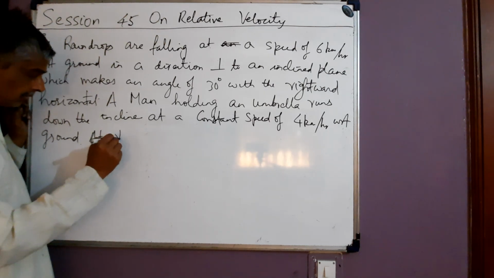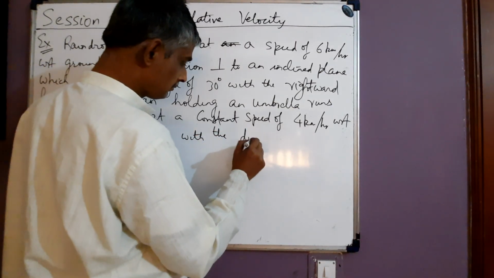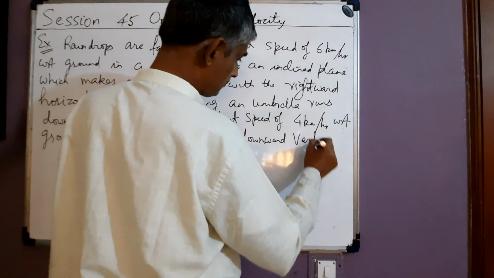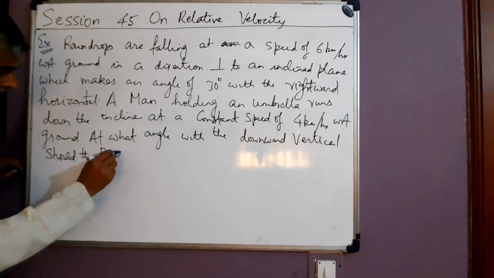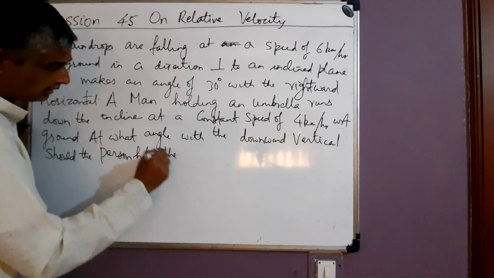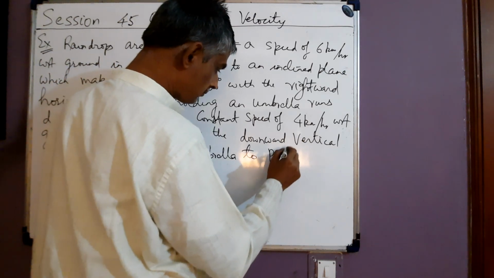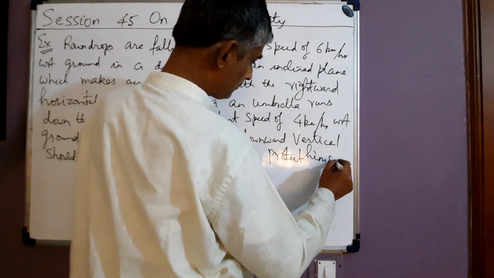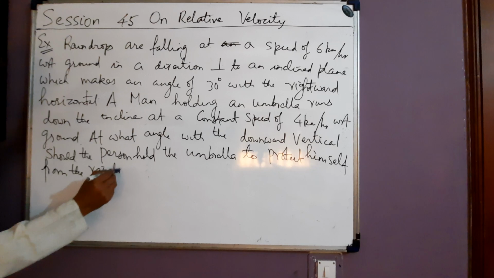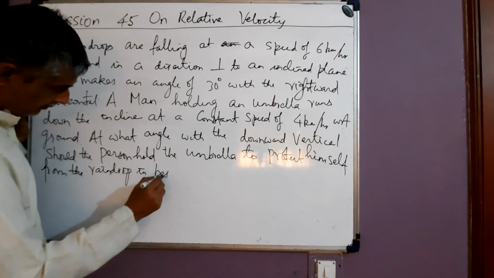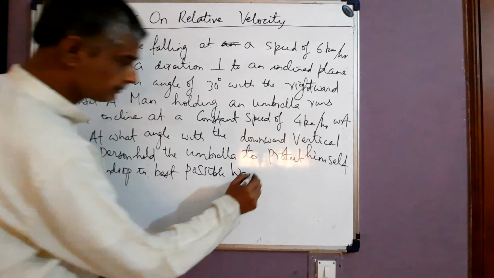At what angle with the downward vertical should the person hold the umbrella to protect himself from the raindrop in the best possible way? Okay, this is the question.